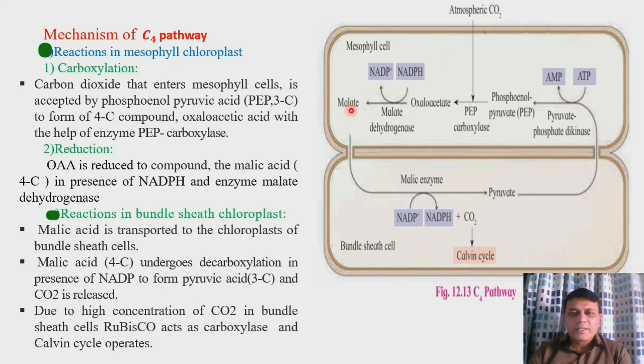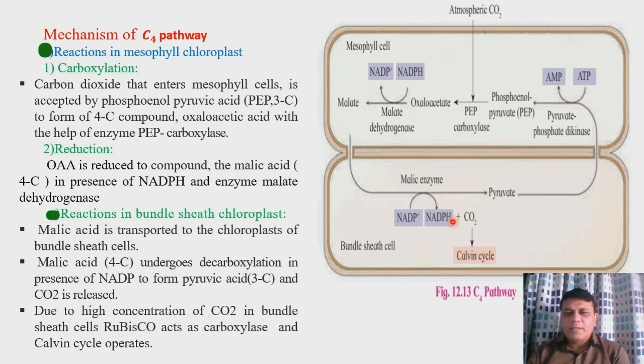Then this malic acid is further transferred to the chloroplast of bundle sheath cell. That means the further reactions occur in the bundle sheath chloroplast. So this malic acid is transferred to the bundle sheath chloroplast, and here it undergoes decarboxylation.